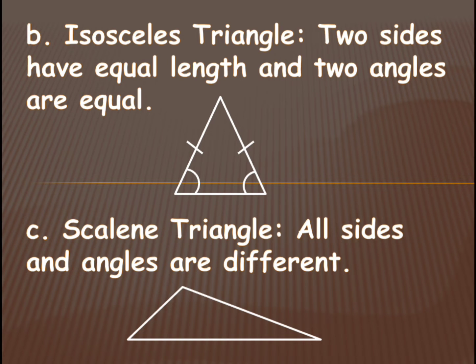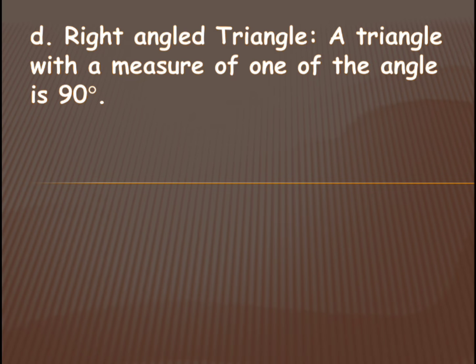Now you have a right angle triangle. In this, one of the angles of the triangle is 90 degrees. Right angle is 90 degrees, isn't it, children? If one angle is 90 degrees, then that triangle is called a right angle triangle.